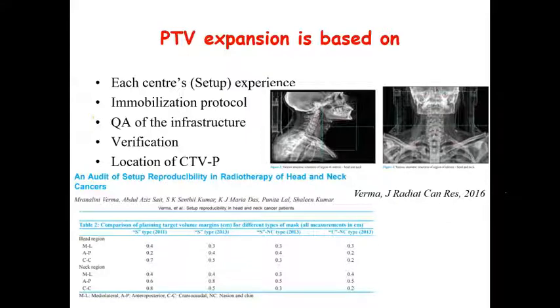This particular work has been done by one of my colleagues, Dr. Verma, who audited the PTV setups before 2011 and subsequently in 2013, when we changed our practice to an extent.